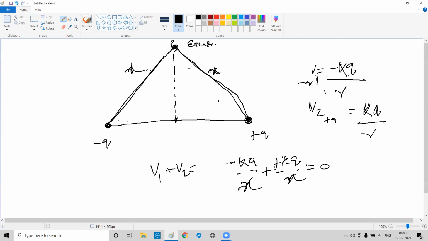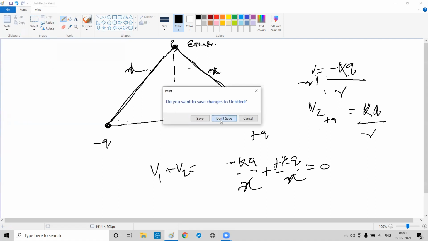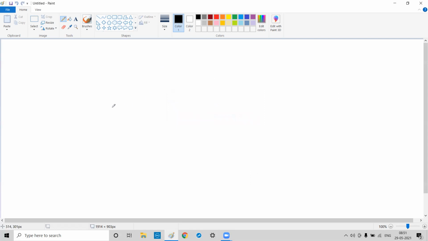Okay. So we have to now go to the next, at any point. That means this is a dipole. It can be anywhere. The point can be here, here, here, anywhere. So how do we find it?